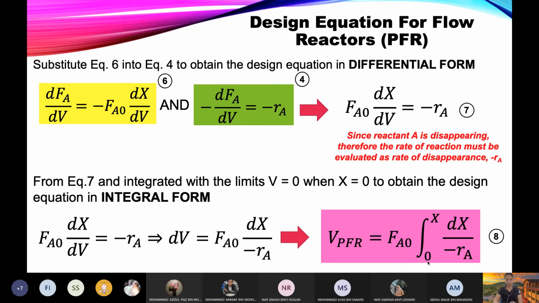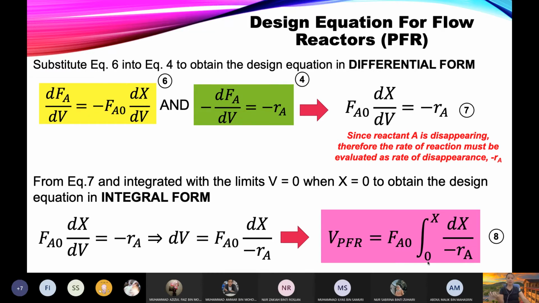So this equation pun sama macam CSTR, akan ada limitation, is only for single PFR. So next week I will teach you why this equation will change when we are doing it for reactors in series. Okay, kalau reaktor tu dah bersiri, kita nak kira volume reaktor kedua, reaktor ketiga, equation ni dah tak valid, or in more simpler words, it has to be modified accordingly for that situation.